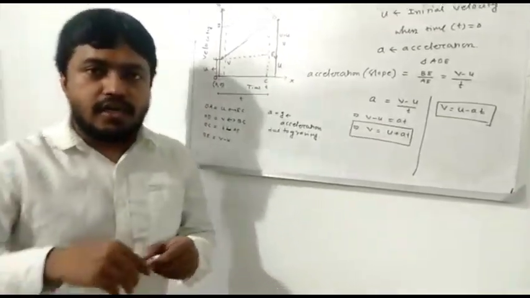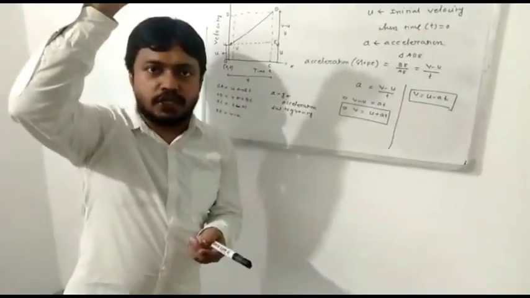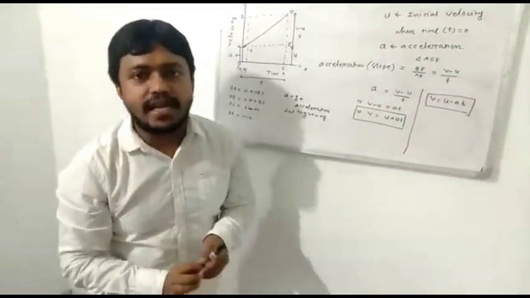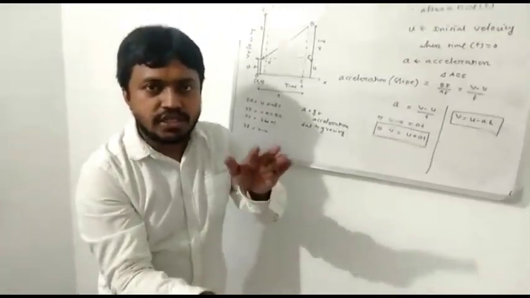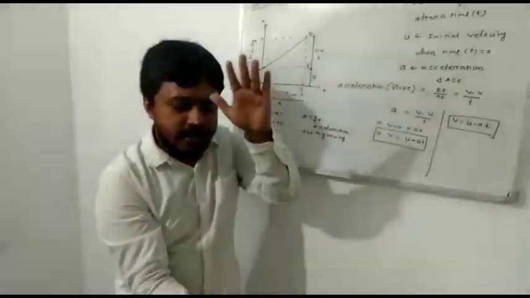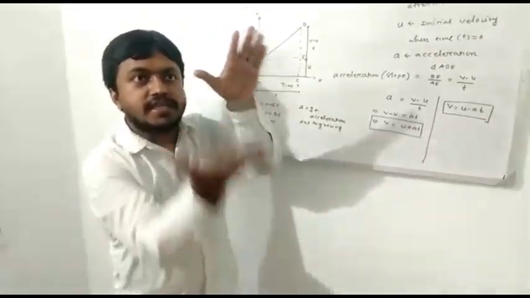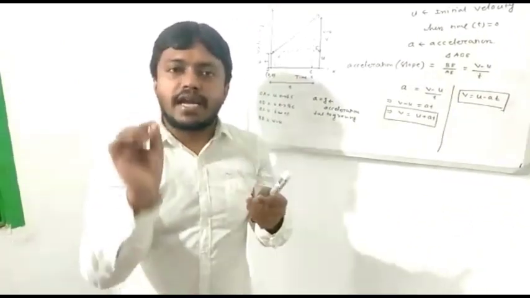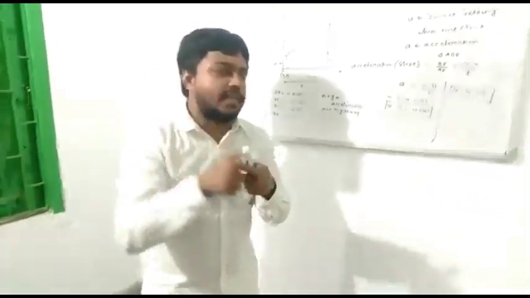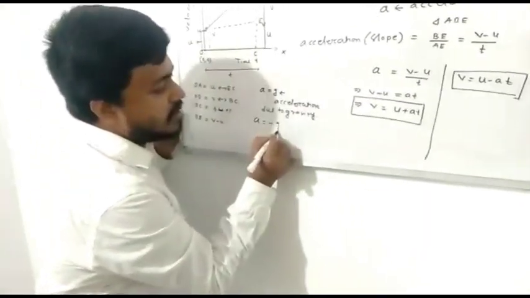If the body is falling towards gravity, then acceleration due to gravity is taken as positive. And if the motion occurs against gravity, suppose you throw the object upward, the motion occurs against gravity, then you take A equal to minus g.